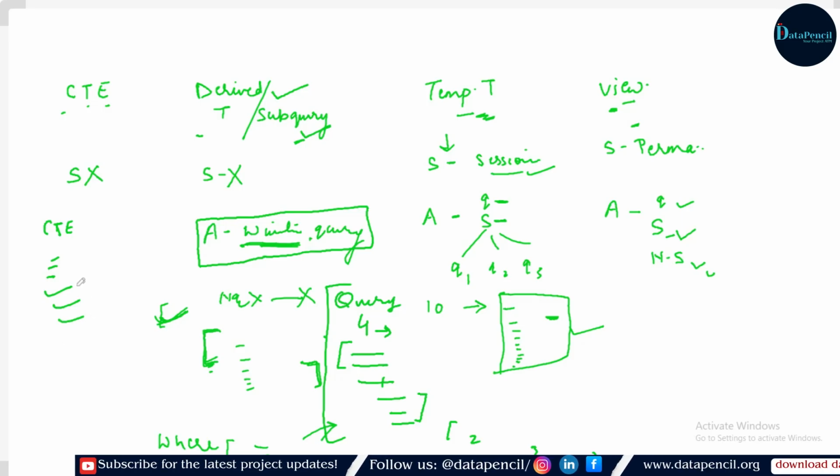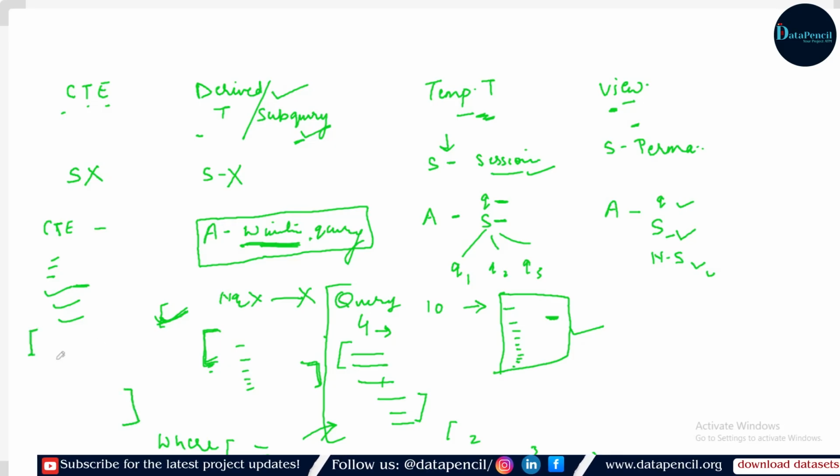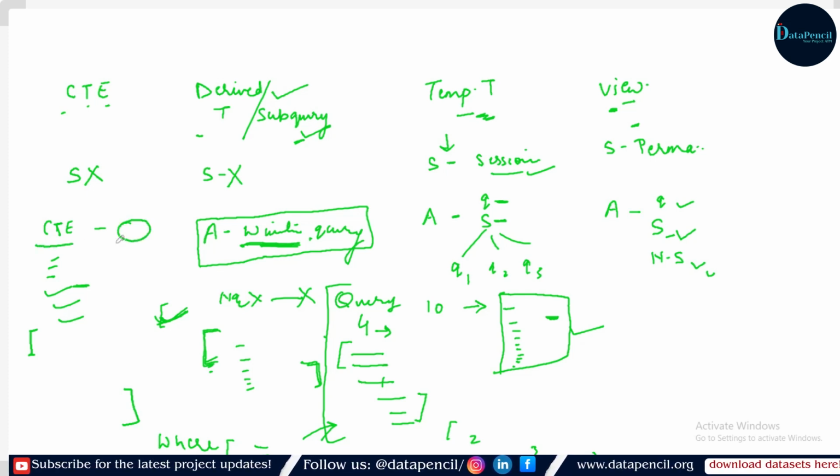Simply write the name of the CTE. So basically CTE gives us clean code. We don't need to write the same code again and again. We simply give the table a particular name and then instead of writing the whole code, we can simply use the name of that table, right?